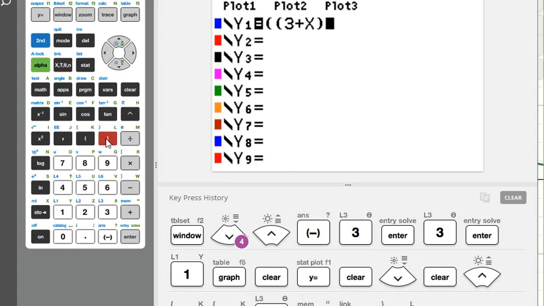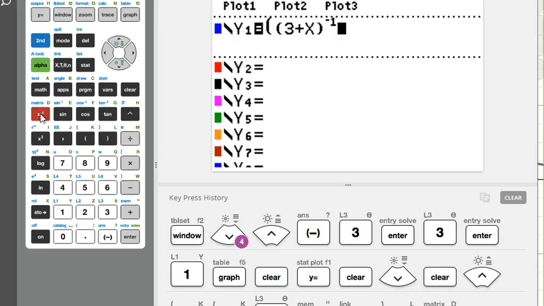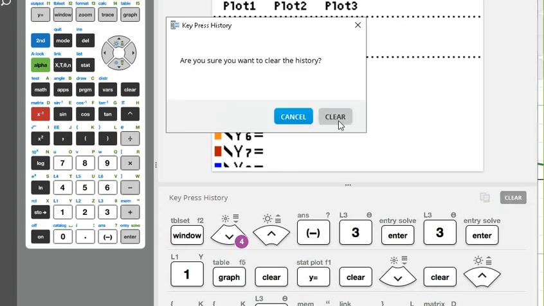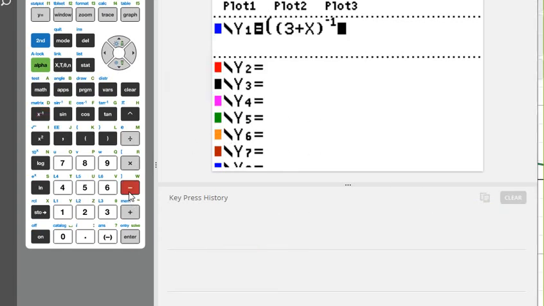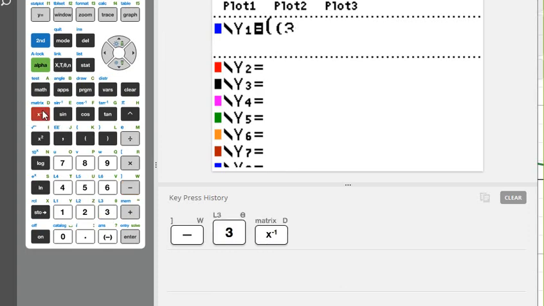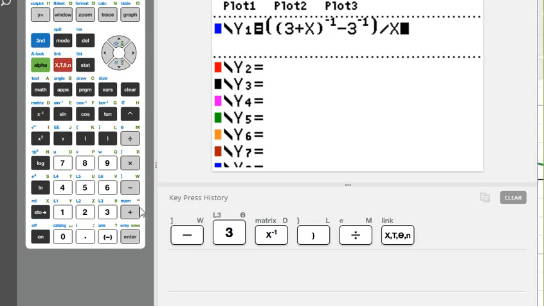And then a quick way to get that negative 1 in the exponent is right here on the left-hand side. Bam. Right there. X to the negative first power. You can do 1 divided by 3 is fine. You can do 3 to the negative first power. That's also fine. Whatever works for you. Divided by x.